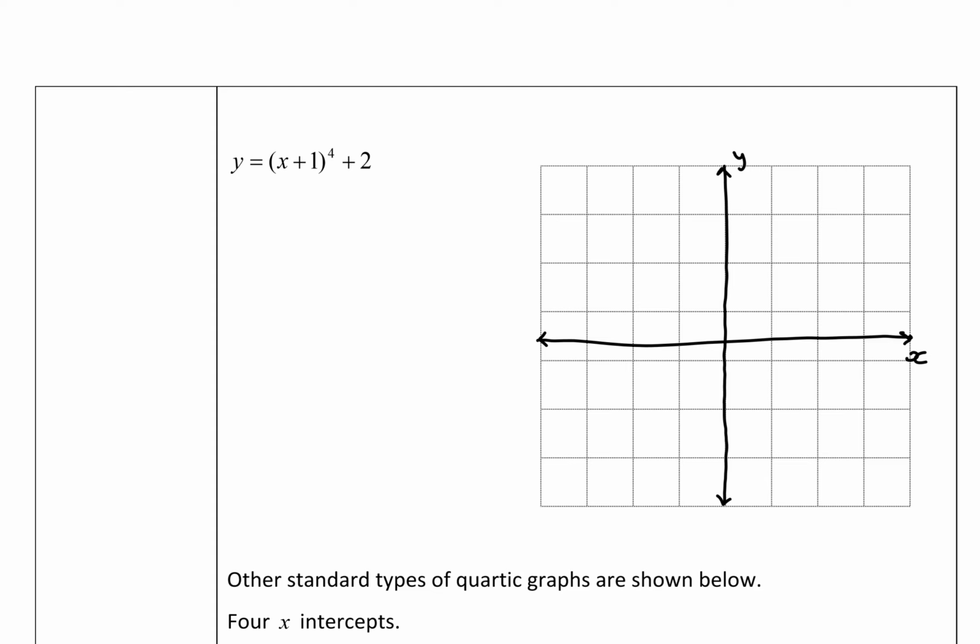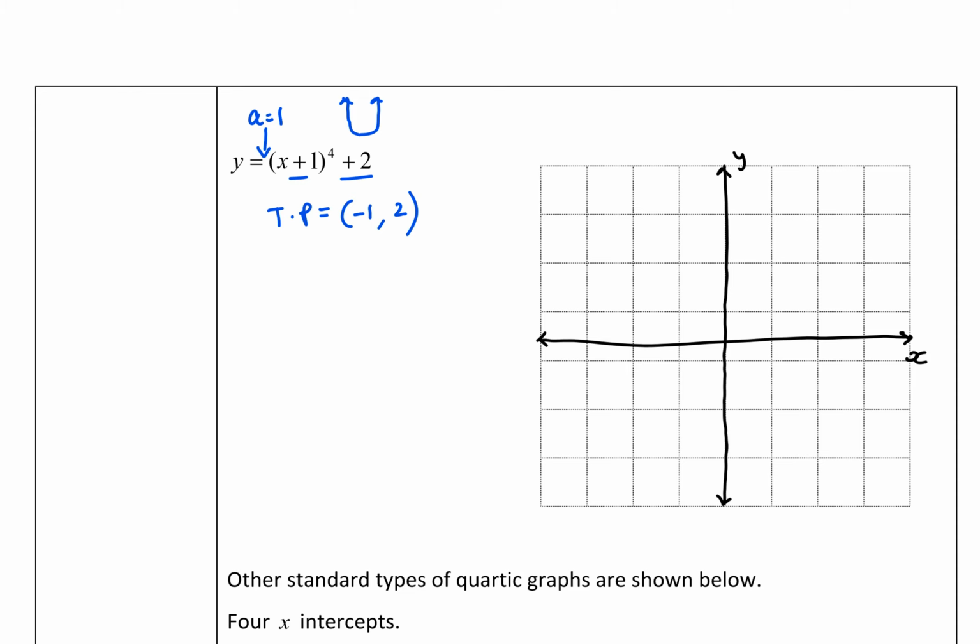In this example, we have much the same graph. We can see from the value of a equals 1, from the fact that there's no number out there, that this graph is going to be positive, and it's going to look like this shape. It's a bit like a beaker. What we note though is that my turning point is (-1, 2).